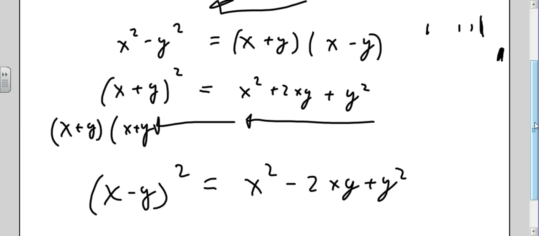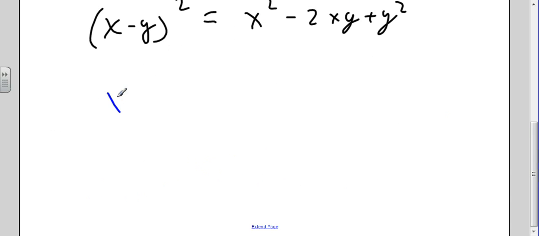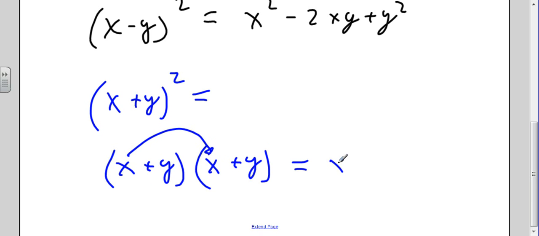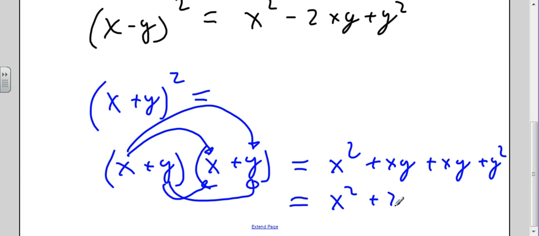Now, if I were to do these over again, and I would say x plus y squared is x plus y, x plus y, and then I were to multiply that by that, x squared, go that way, plus xy, go this way, plus xy, go that way, plus y squared, you could see that you'd have x squared plus 2xy plus y squared. You can see that's sitting there.